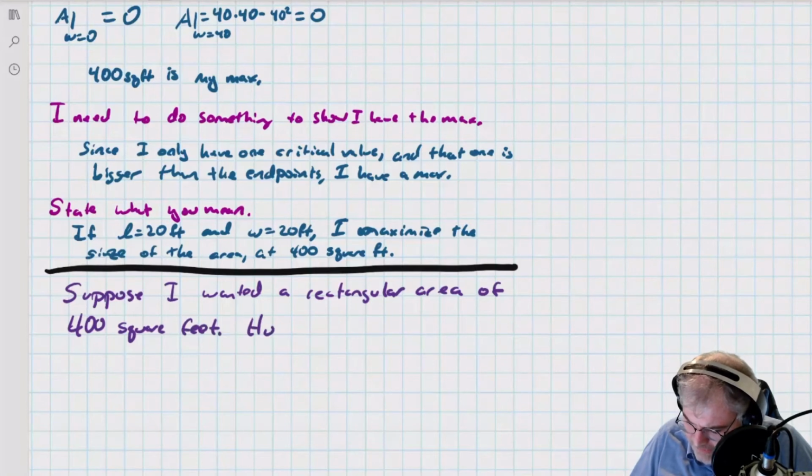How much fence do I need? I can't spell fence.